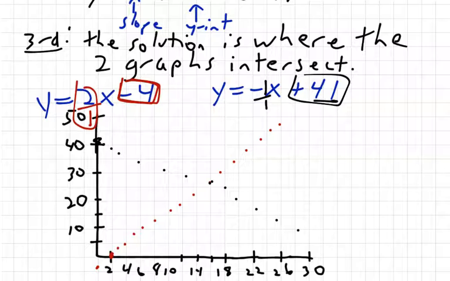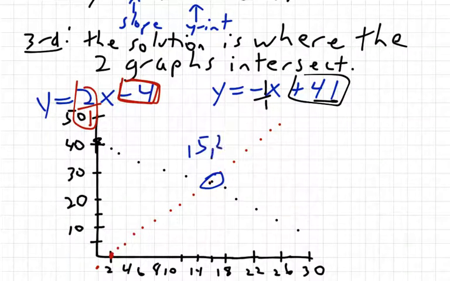And you can see right where those two intersect is going to be right here, which is going to be 15, 26. So again, if you're graphing this accurately and going by the slope carefully, you're going to see that that's 15, 26.